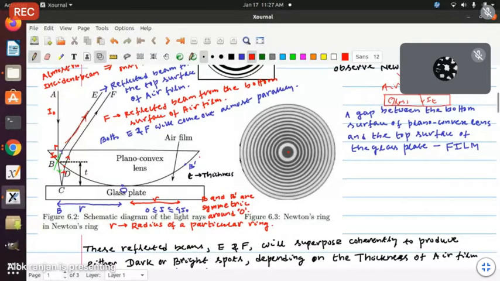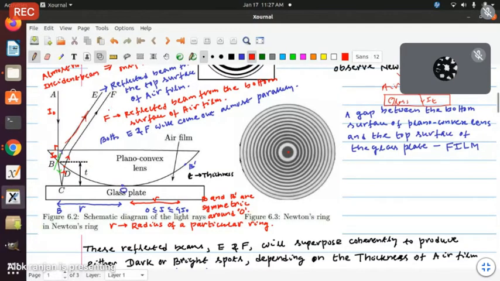So when the radius of curvature is very, very large, and in the context of what it is very large, that we'll also discuss. For the time being, remember, if the radius of curvature is very, very large, in that case the curved part of this plano-convex lens will be negligible, so therefore these two beams will emerge out almost parallel.